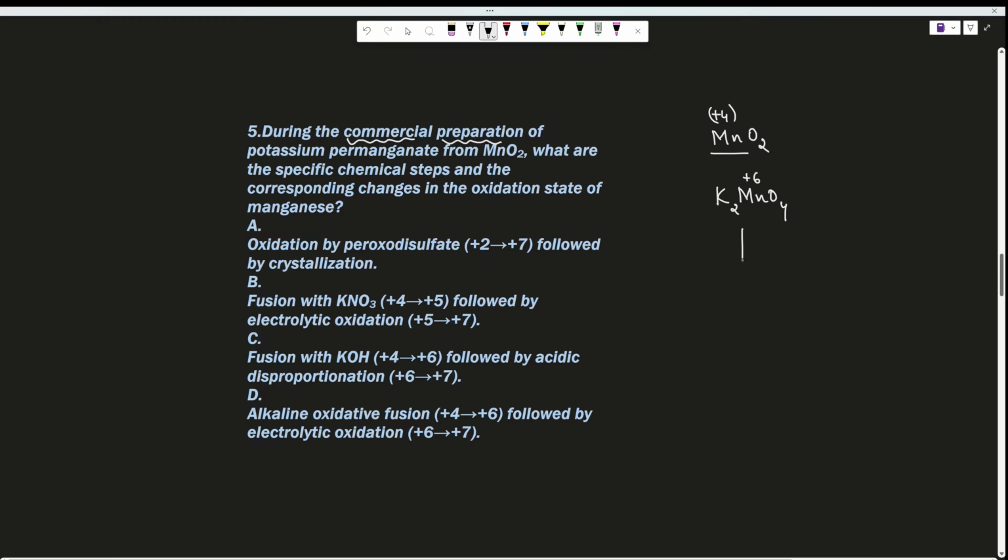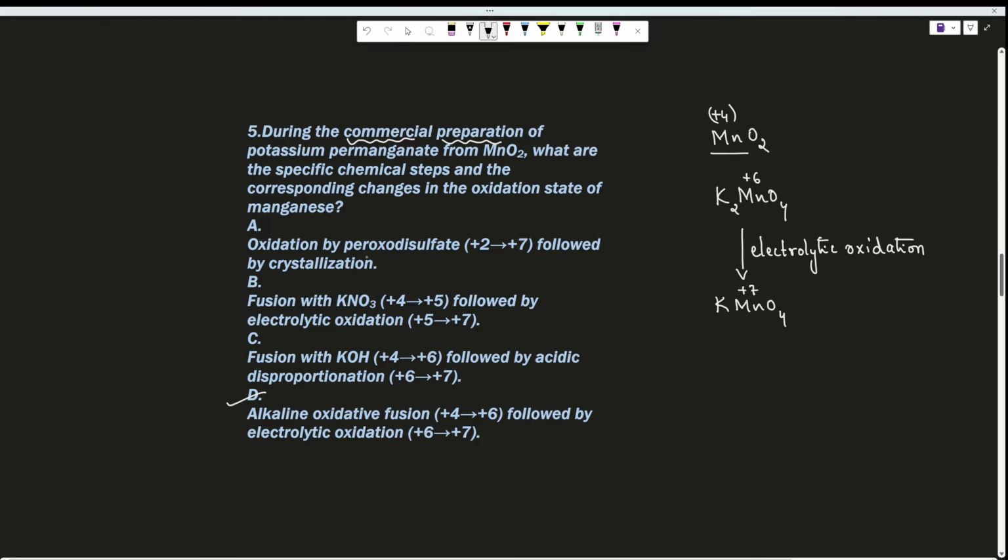Then you are doing the electrolytic oxidation. Here it is electrolytic oxidation in the final step, so that you will get KMnO4, wherein this manganese is in +7 state. Okay, so this is the right answer here.